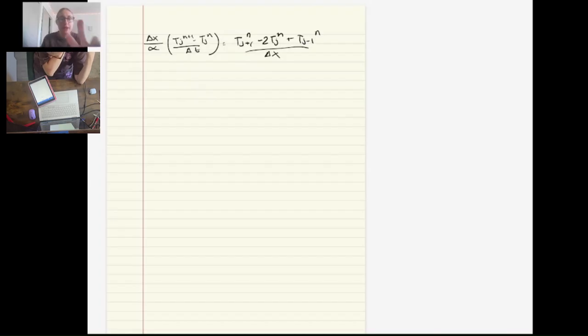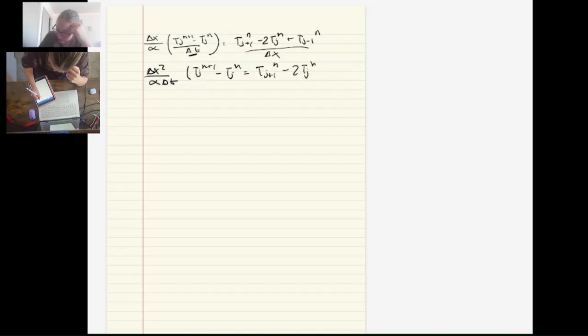So we can combine like terms of our x's if we just pull that over. So it's going to be x squared over this, and we can also pull that out. Then we have Tj n plus 1 minus Tj n is equal to Tj plus 1 n minus 2 Tj n plus Tj minus 1 n.